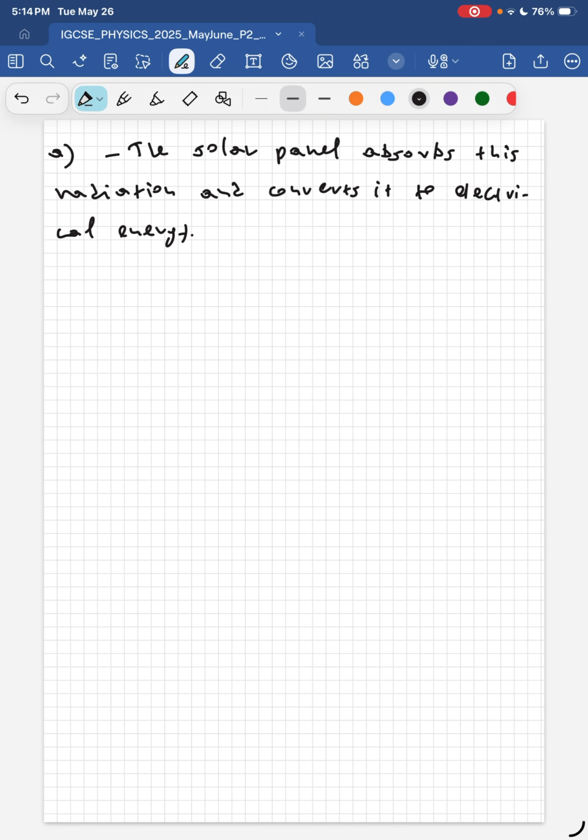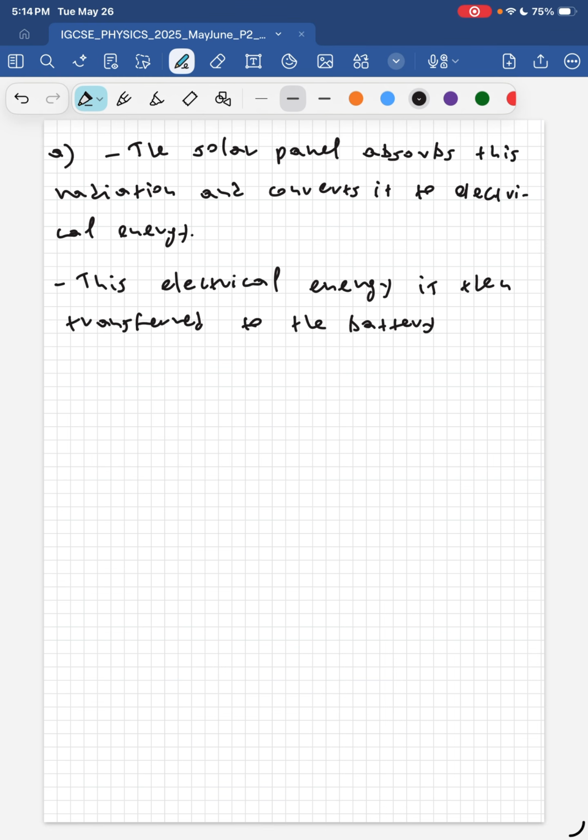So this electrical energy is then transferred to the battery, increasing its chemical energy store. So you see the whole process. The sun's energy store is decreased a little bit, then the solar panel absorbs that energy from the sun and converts it into electrical energy, which increases the chemical energy of the battery. So this is the whole process.